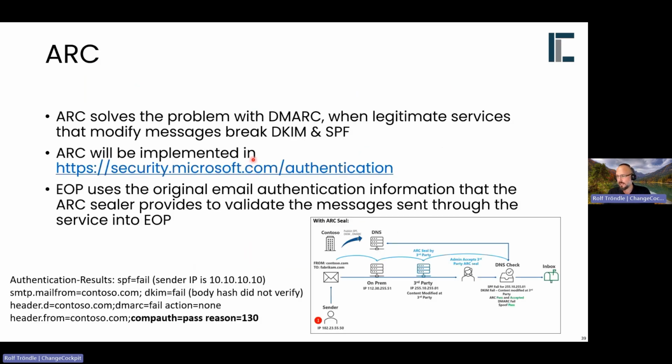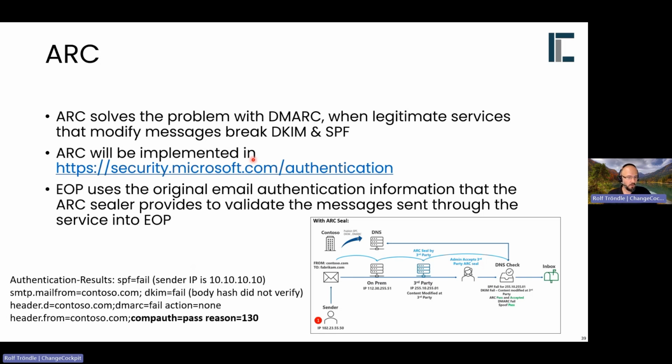Then last but not least, we have ARC. ARC solves the last issue with DMARC when legitimate services change something in between when relaying mails. So let's say we go back to the example, your MX record is pointing to on-premises.